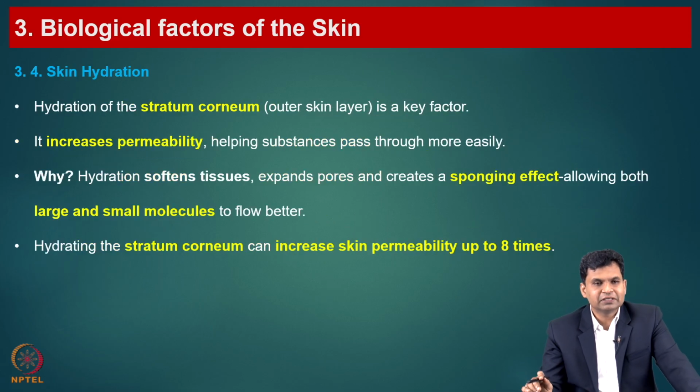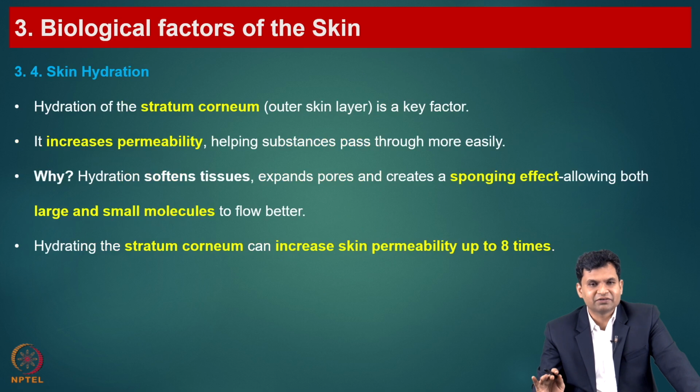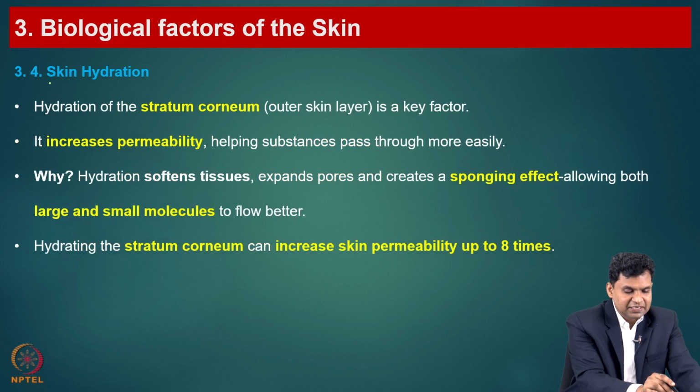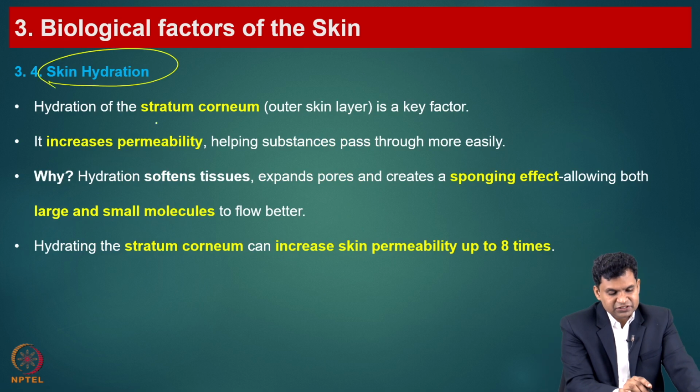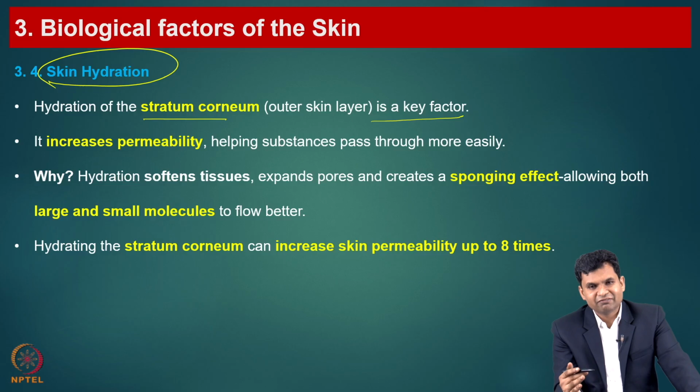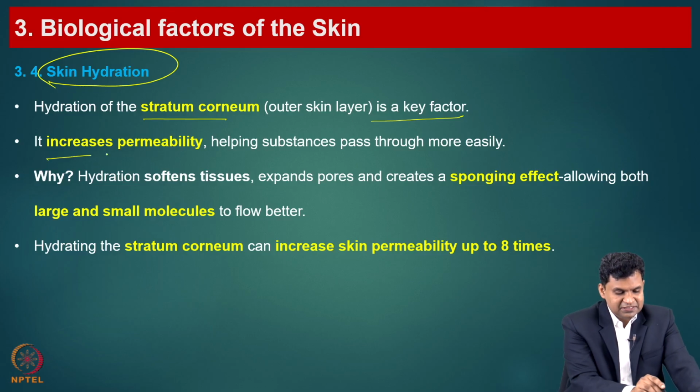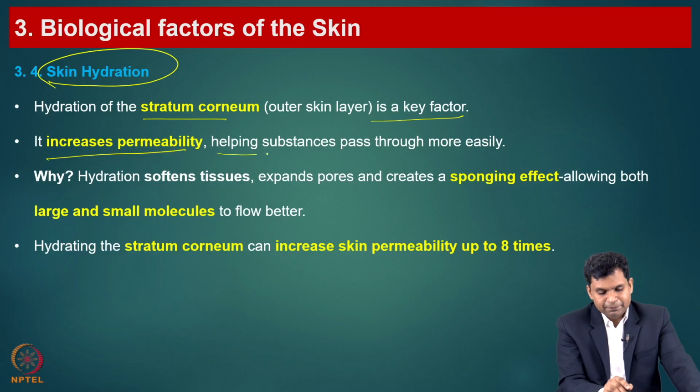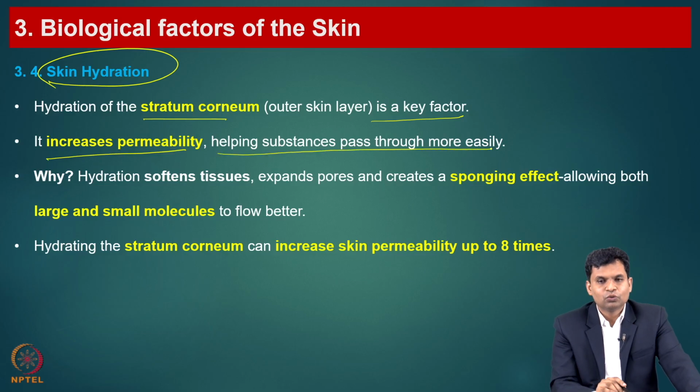And the last one among the biological factors of the skin is skin hydration. Hydration of the stratum corneum is a key factor, as we discussed with the moisture providing or moisture retaining vehicles. This increases the permeability, helping substances pass through more easily.